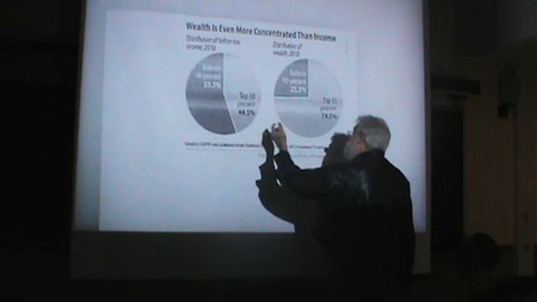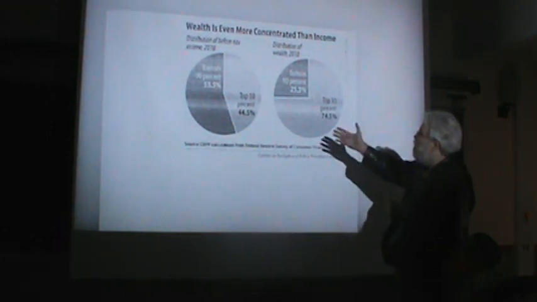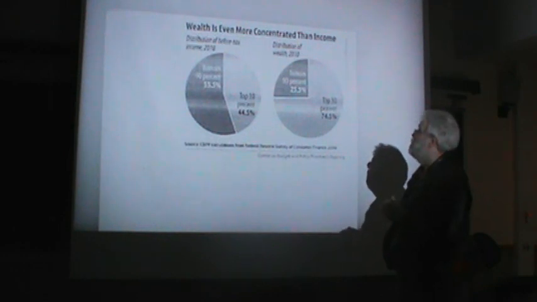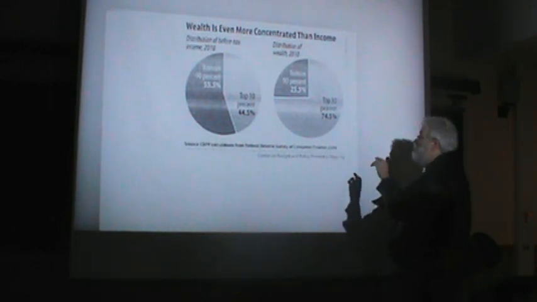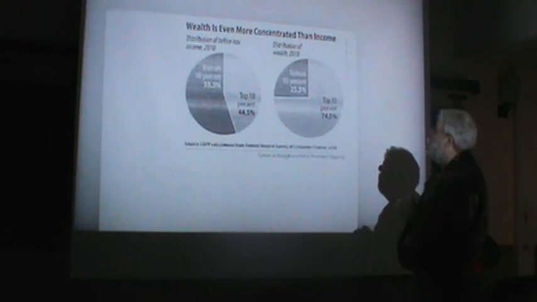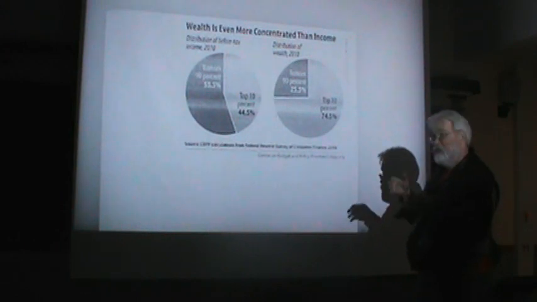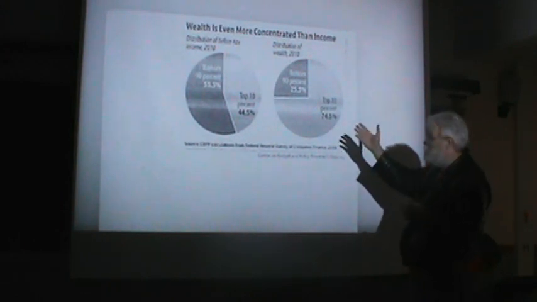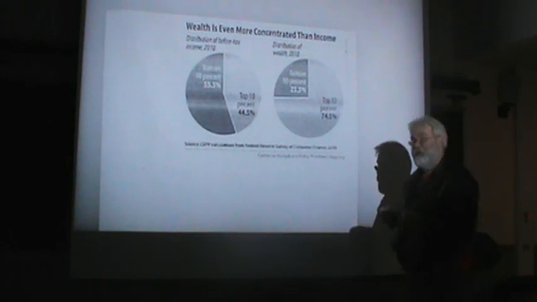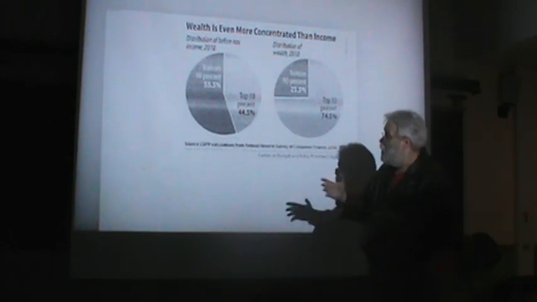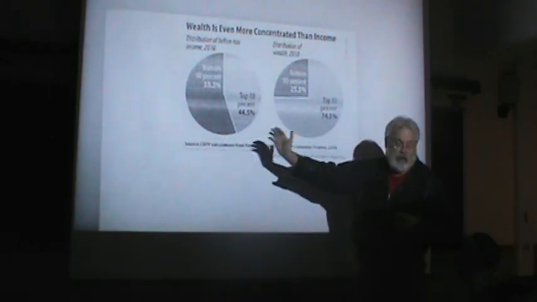The top 10%, 44.5%. Now look at the distribution of wealth in 2010. There, the bottom 90% of the population owned just slightly over a quarter of all wealth, 25.5%. On the other hand, the top 10% owned almost 3/4, 74.5%. Clearly, wealth is distributed more unequally than income.